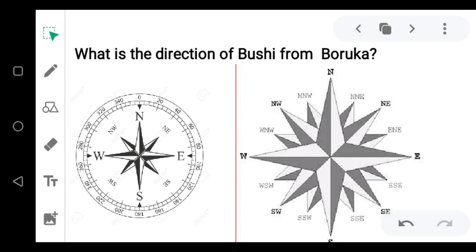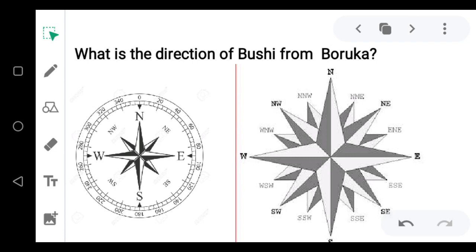For example, in between south and southeast, you have south-southeast. So make sure you are conversant with the remaining ones. You need it in giving direction.